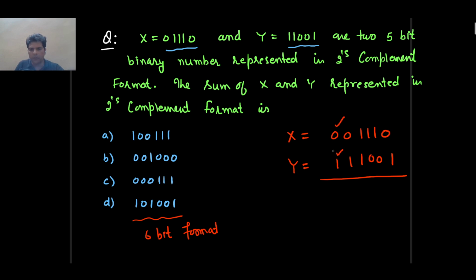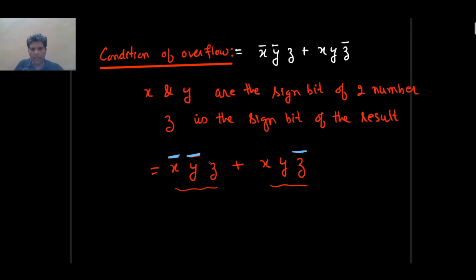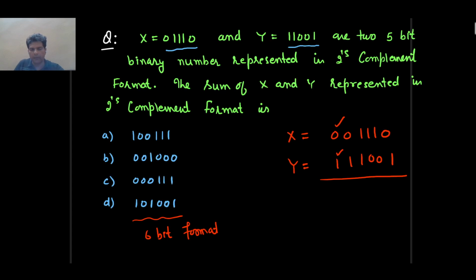So there is no chance of the overflow condition occurring, because overflow happens when x and y have the same sign. But here x and y have different signs. So here there is no chance of overflow, but this is one more concept, the application of extending the number of bits.